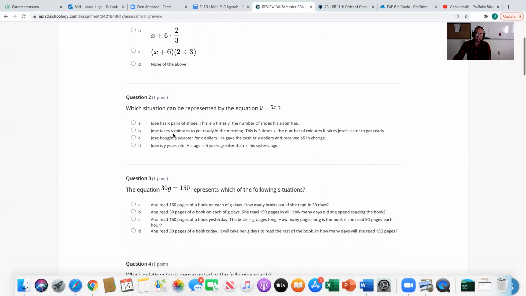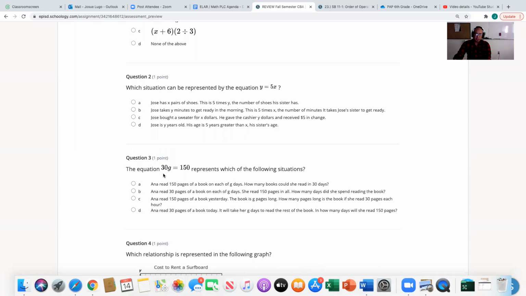Number 3 is actually very similar to this. The equation 30G, or 30 times G, is equal to 150, represents which situation? Notice that once again, I have multiplication. We have 30 times G, whatever G is going to give us 150.